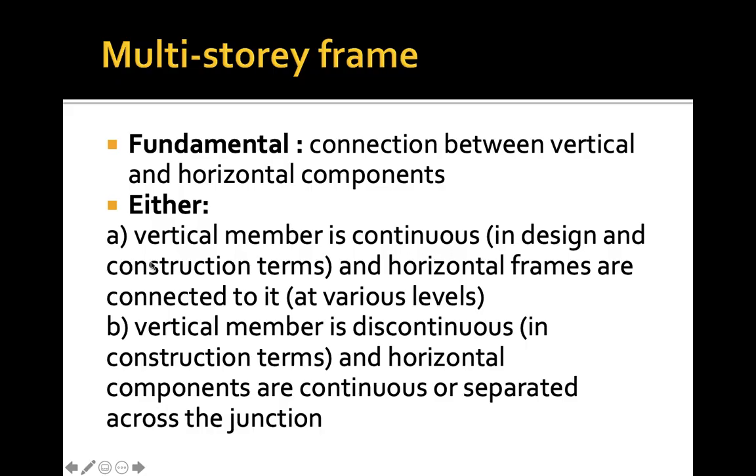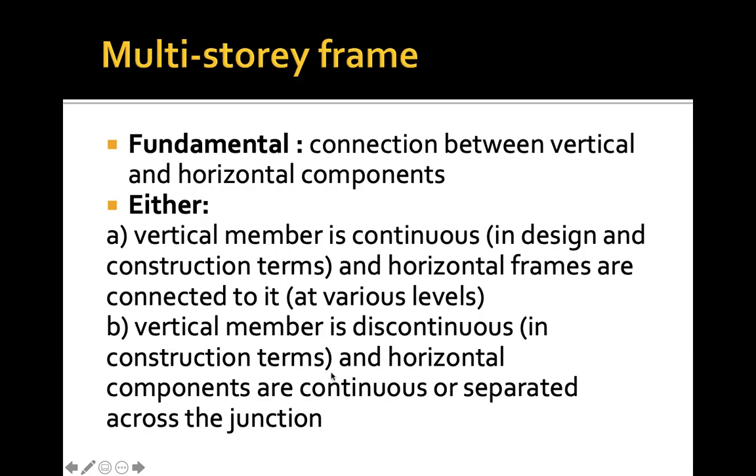It can be either a vertical member that is continuous in design and construction terms, and horizontal frames are connected to it. When we talk about the vertical member, we are referring to the column, and as for the horizontal frames, these are the beams and also the slabs. And the second one is when the vertical member is discontinuous.